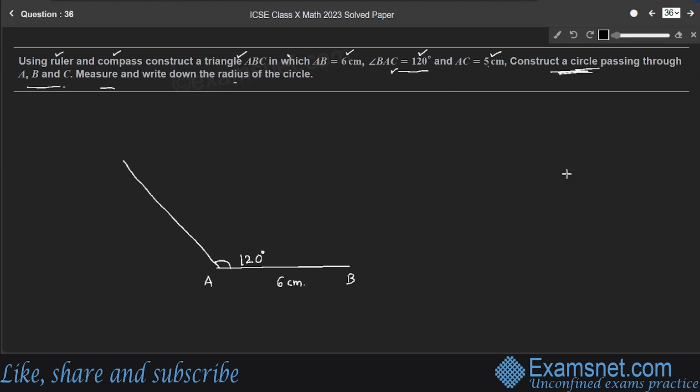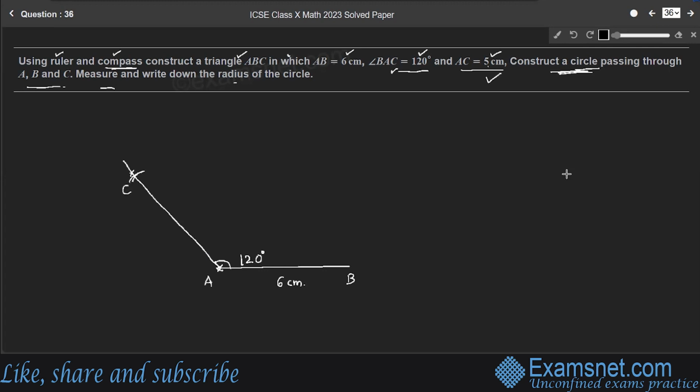right? So now we need to draw AC. So point A is here, right? So point C is on this line, right? So take the compass, and the measure of the compass should be 5 centimeter. So with A as center, draw an arc which measures 5 centimeter, right?